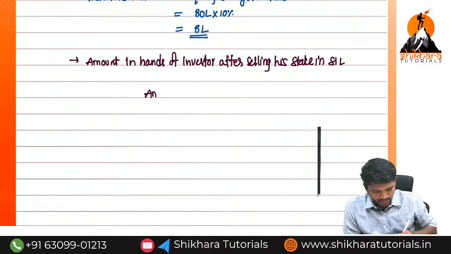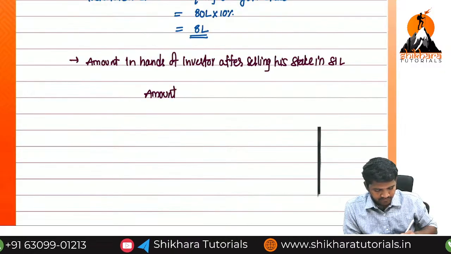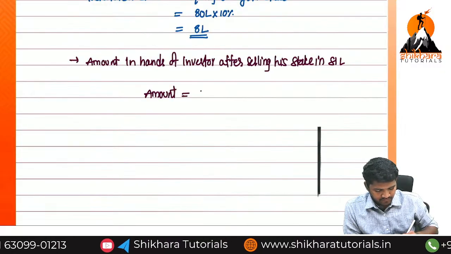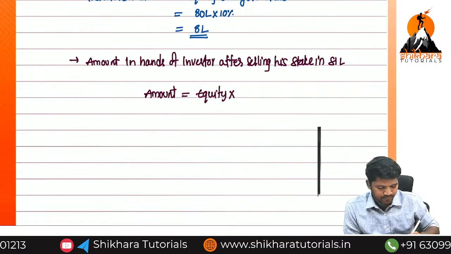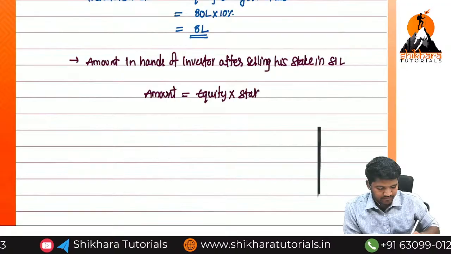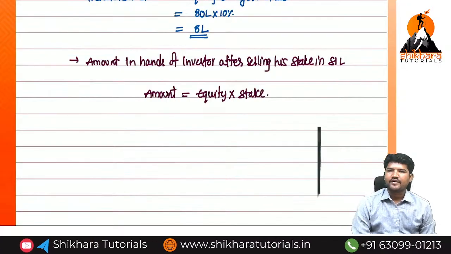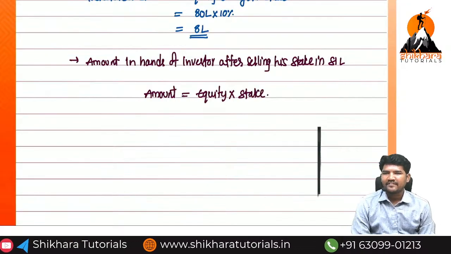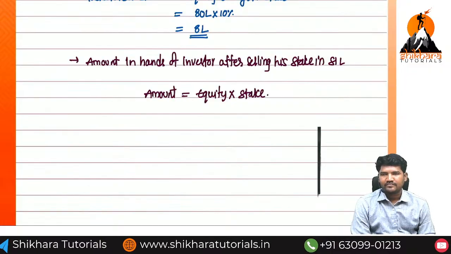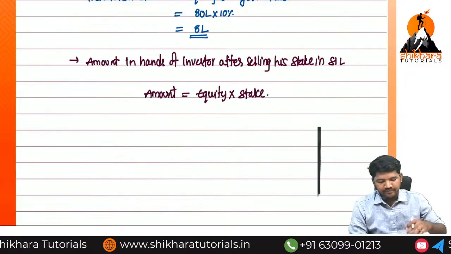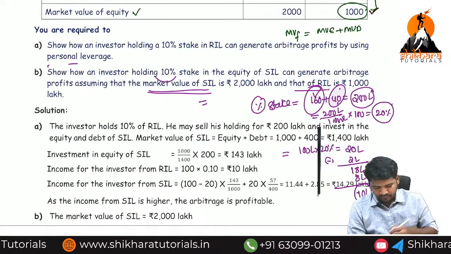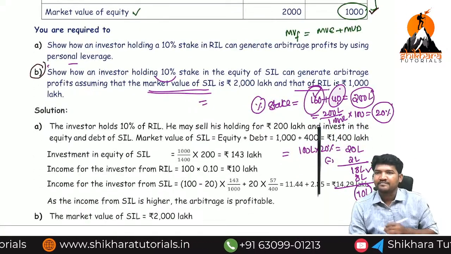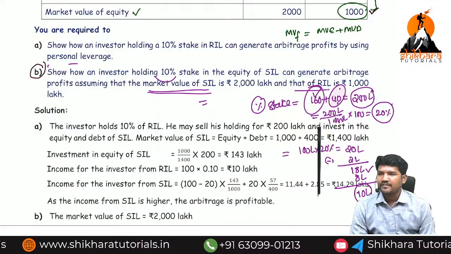Now amount equals equity into stake. Equity into stake. Now how much is the equity? 1000? No. Go and check the case B.